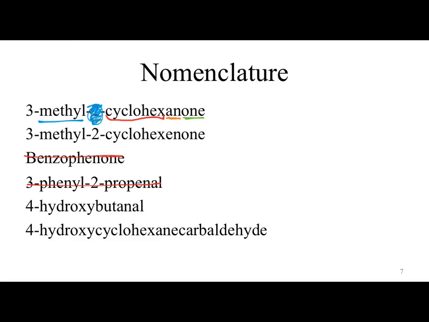So, where do we start with the next one? Same idea, cyclohex. This time, though, it's not an ane. We've got an ene. And in the one, draw out our cyclohexane, our cyclohex. Okay, which takes priority, the one or the ene? The one is our highest priority.